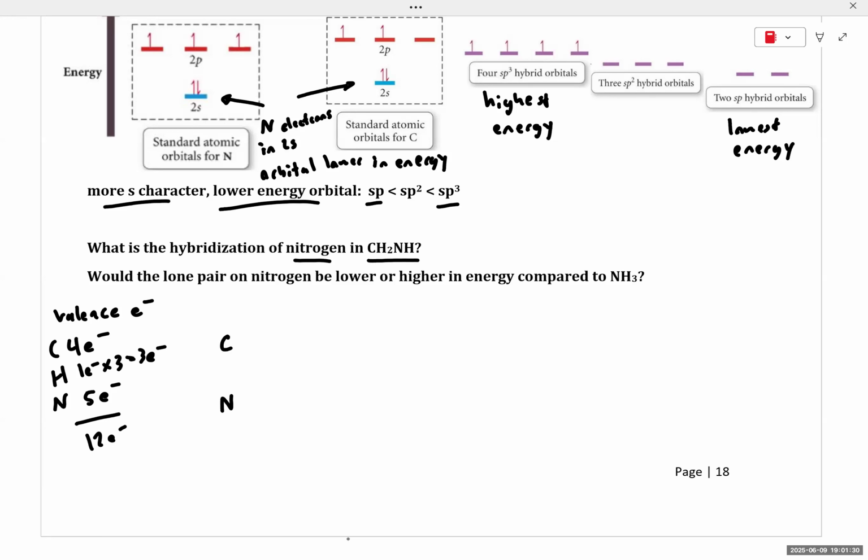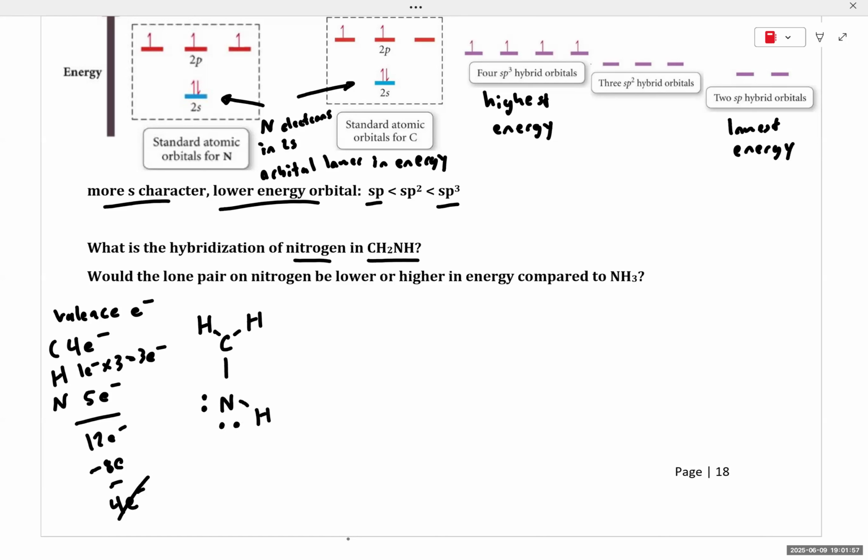Carbon and nitrogen are going to be our central atoms. We'll surround the carbon with 2 hydrogens, the nitrogen with a single hydrogen atom. We will form 1 bond each. That uses up 2, 4, 6, 8 electrons, giving us 4 electrons remaining. From here, we'll add lone pair electrons to each atom until we complete the octet.